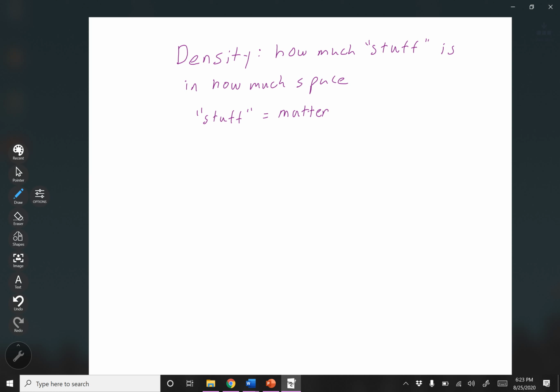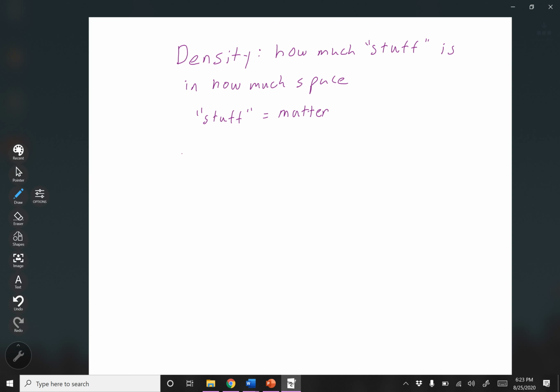Because remember, matter is just anything that has mass and takes up space. In other words, it's stuff. And in other words, density tells us how much stuff do I have in one confined area. So if I have a 1 by 1 by 1 centimeter cube, how much matter is in that little cube?